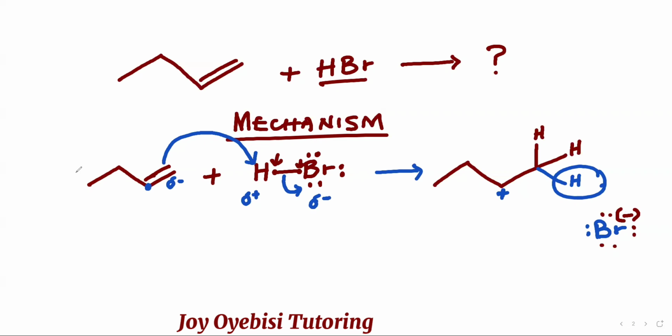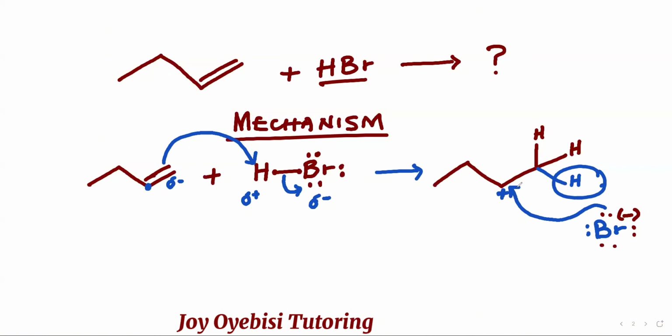Okay? So now that we have all those written out, the next step would then be for the bromine with the negative charge, the positive charge is going to attract it. So it's going to attack that positive charge.